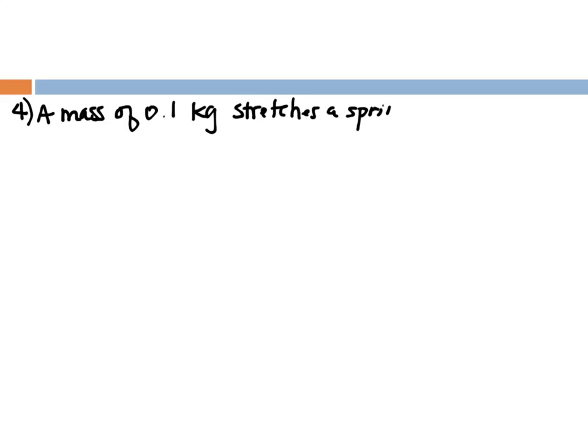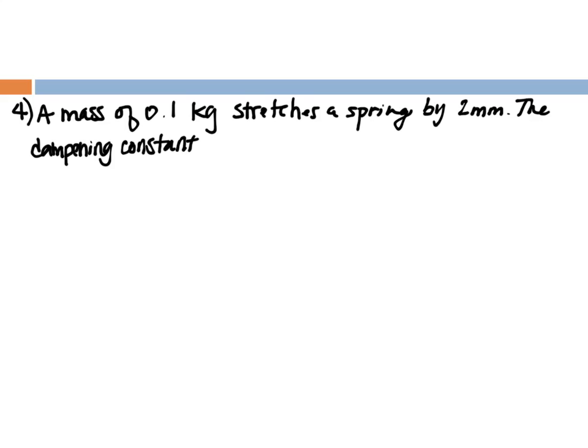Number 4, a mass of 0.1 kilograms stretches a spring by 2 millimeters. The damping constant is c equals 0.2.